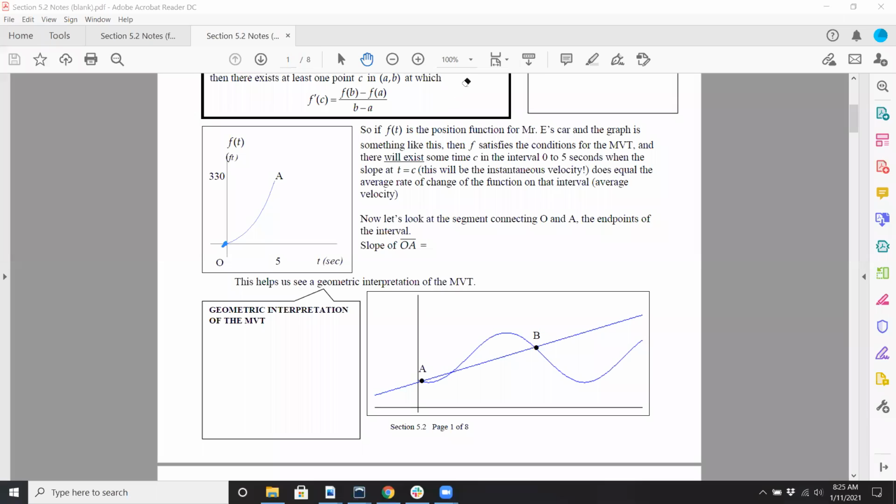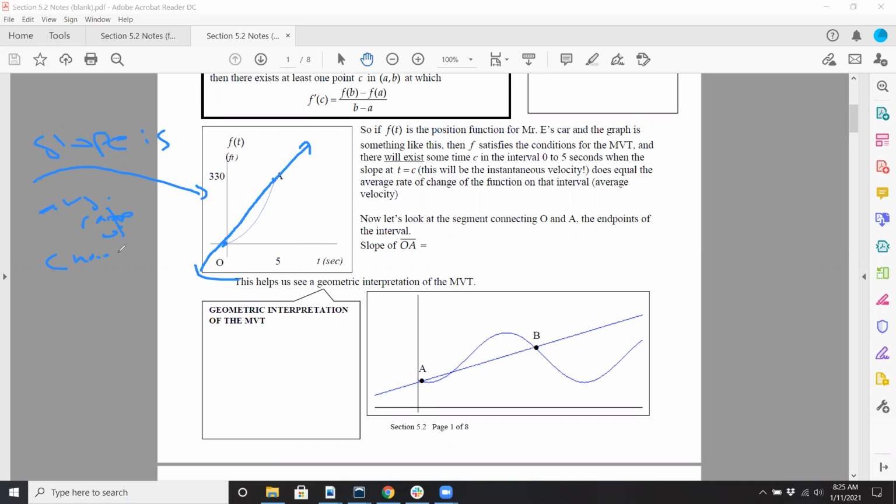But what we're going to do instead is connect the origin to point A, and that's a secant line. This slope, again, is the average rate of change.